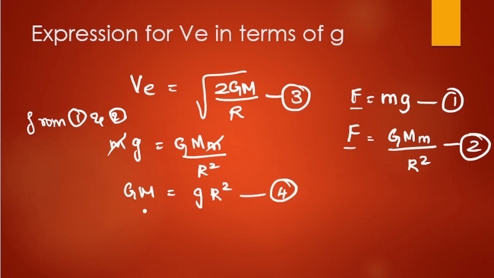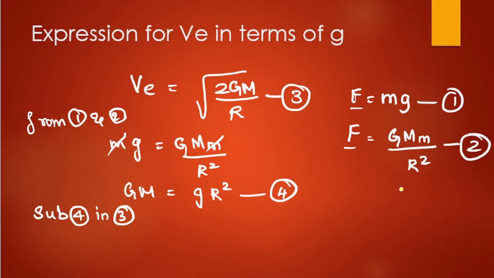So you are going to substitute your fourth equation in your third equation. When you substitute, see, your VE will be equal to the square root of 2 small g r square by r.